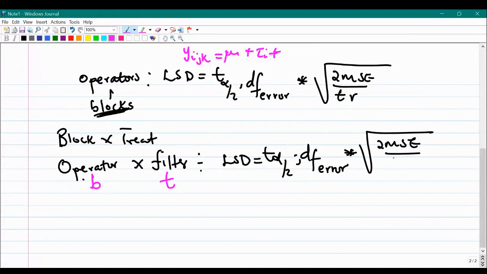So you divide by R. The question we may ask is, which means are we going to use?